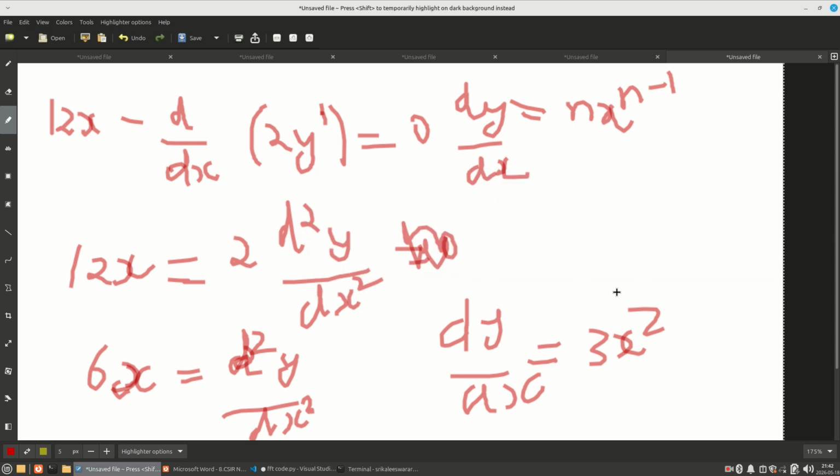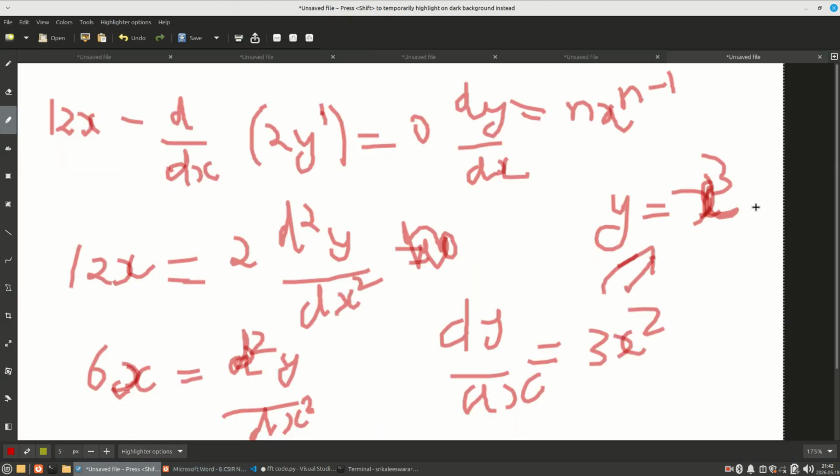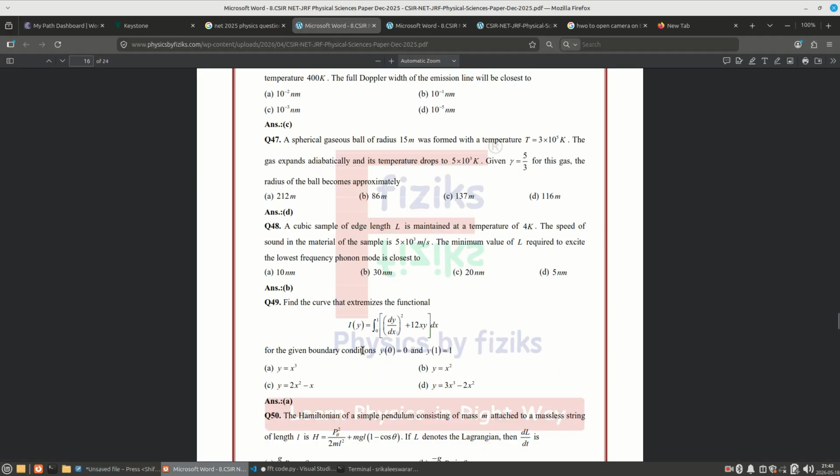When we integrate again, we get the value y is equal to x cube. When we apply the boundary conditions here, for x is equal to 1 we get y is 1, and for x is equal to 0 we get y is 0, which satisfies the boundary condition.